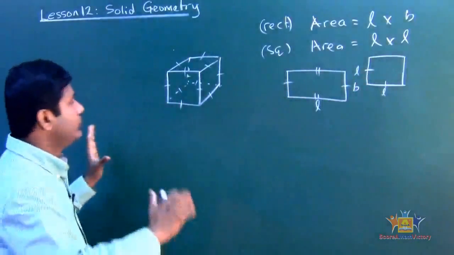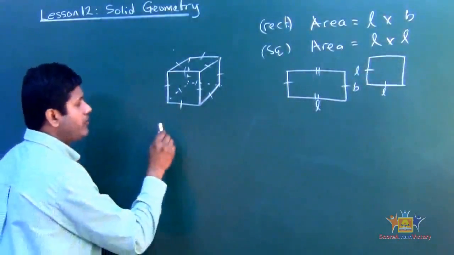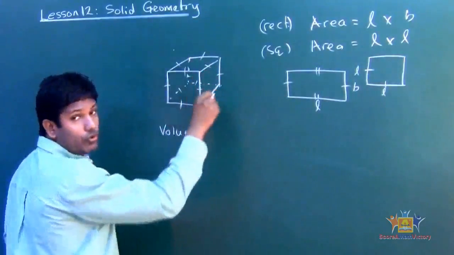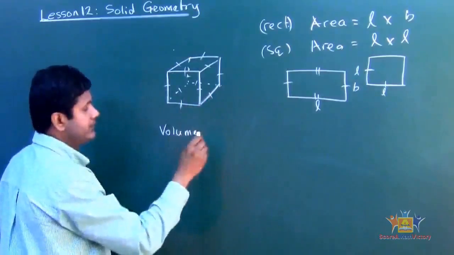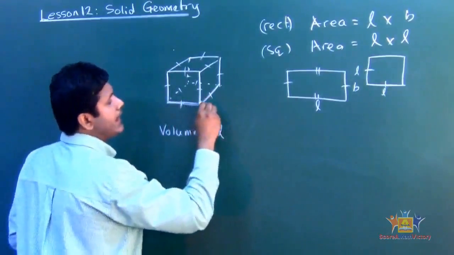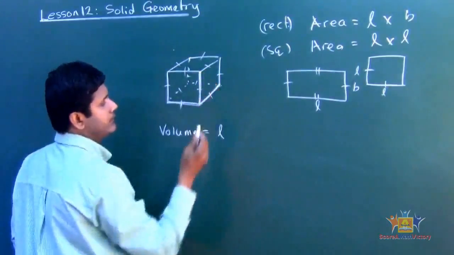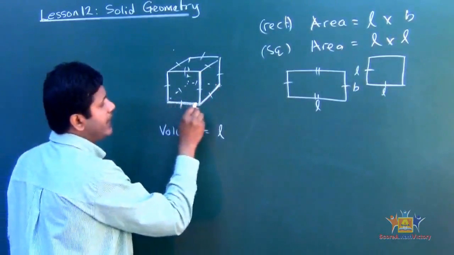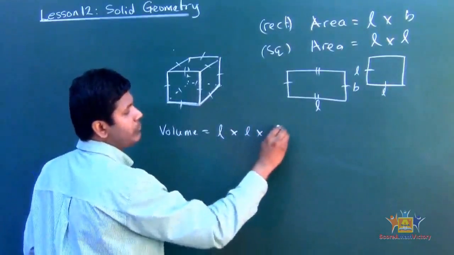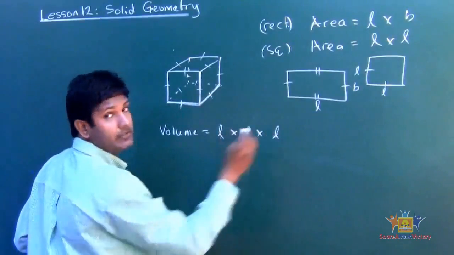Now when you come to volume, the formula for the volume of a cube is length and length, because they all are the same, but you've got to times it 3 times. Length times length times length.